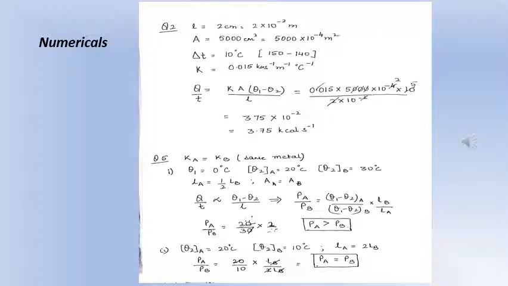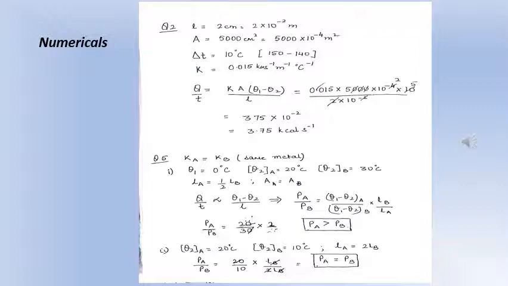In which rod will the rate of transmission or conduction be more when, in the first part, their other ends are at the temperature 20 degrees and 30 degrees Celsius respectively, and length of A is half the length of B. The areas of cross section are also given as equal.